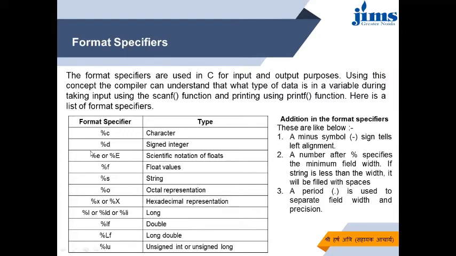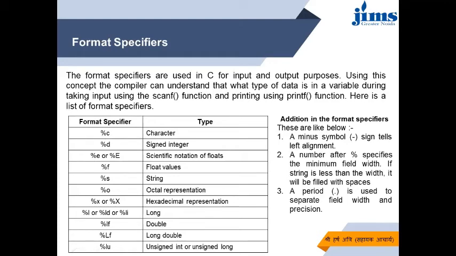We must remember all these format specifiers, depending on what type of output we want. If we want a character, then we must use %c. If we are using a long double variable, to print the long double value we must use the format specifier %Lf. So we must know all these format specifiers and what type of variable we are using.